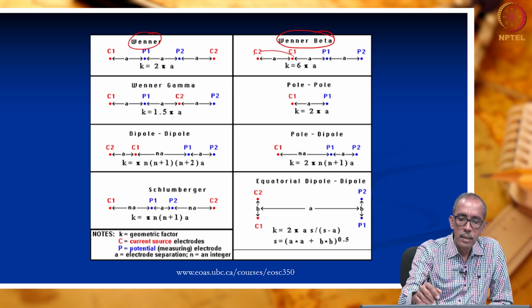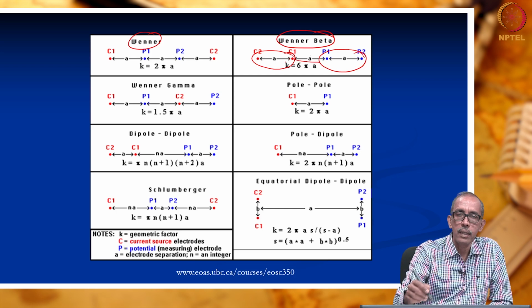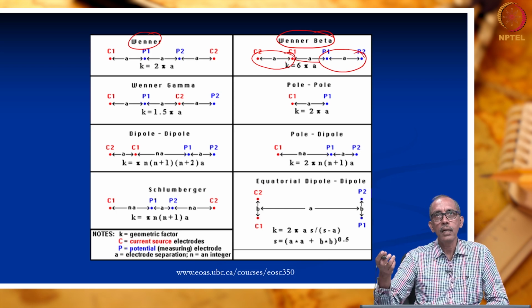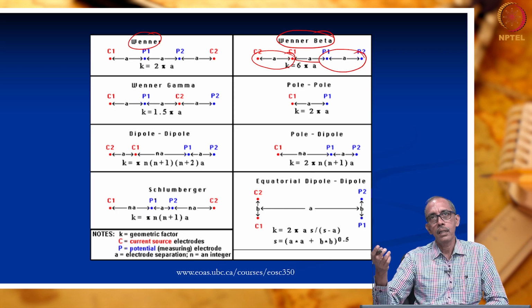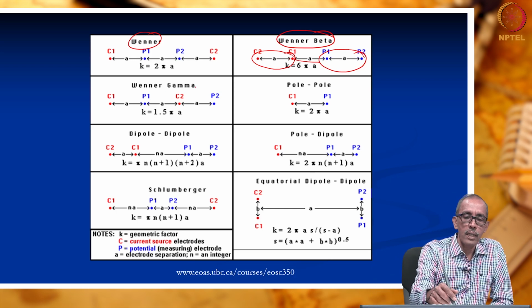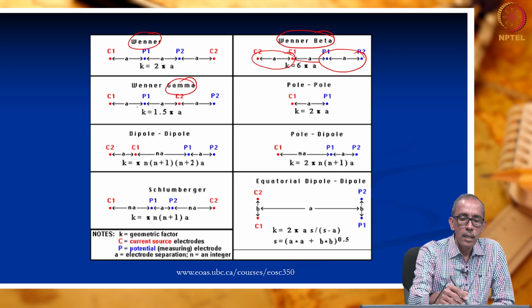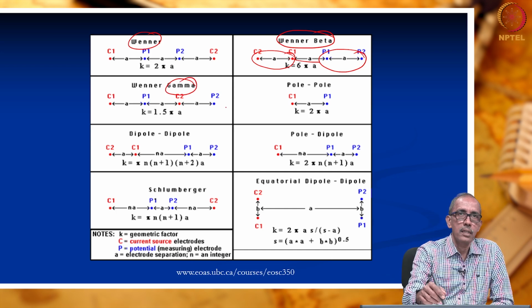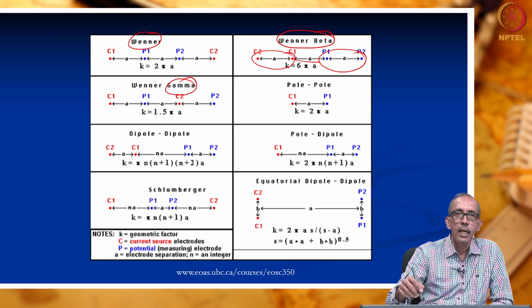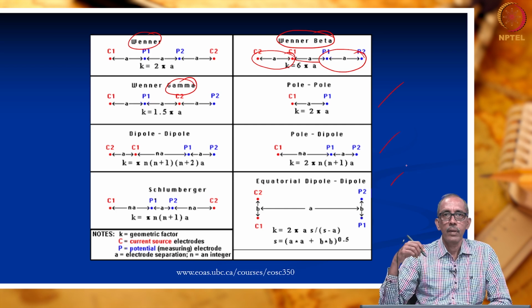Current pair is taken separately, potential pair is taken separately, but the distance between them is maintained the same. So it is a Wenner beta arrangement. Similarly, we have gamma arrangement, Wenner gamma arrangement. In Wenner gamma arrangement, current, potential, right? So like this, you see different arrangements in this slide.